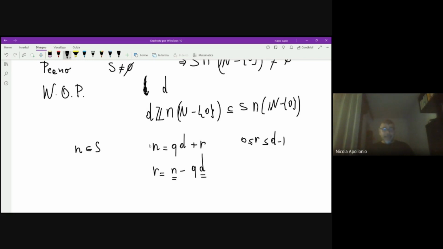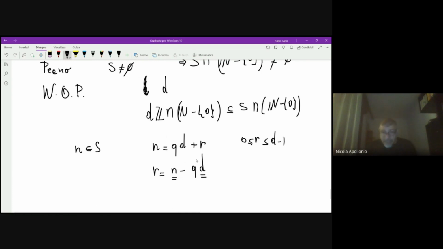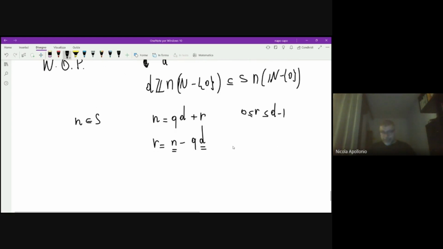Because n is a linear combination of A and B, and D divides every linear combination. So this is indeed a linear combination, but it's impossible because you would have found an element R which is in S but is smaller than the smallest element of S, which is a contradiction.